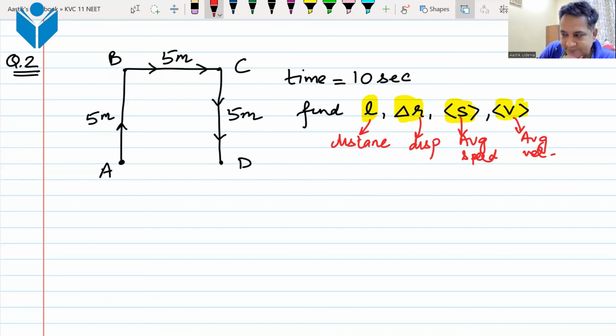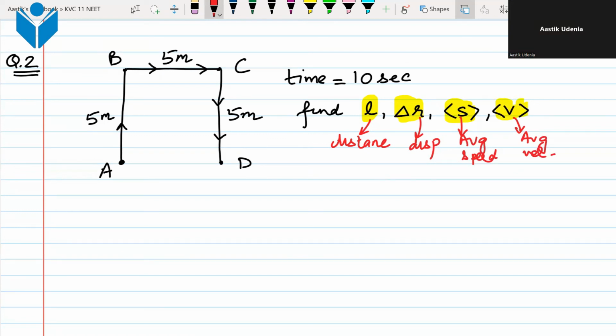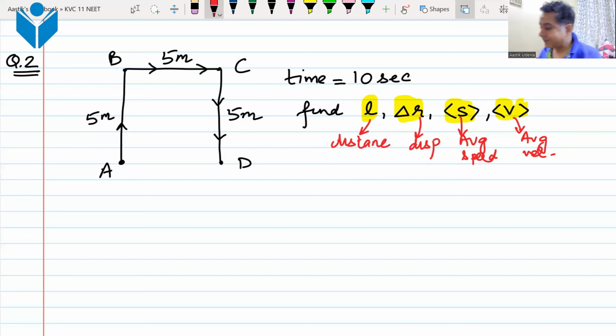I'll give you 2 minutes to solve this. So I think you have answers.